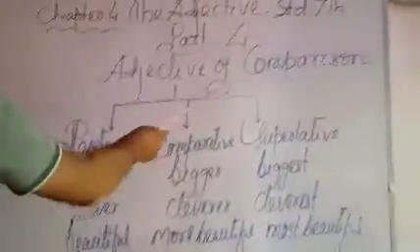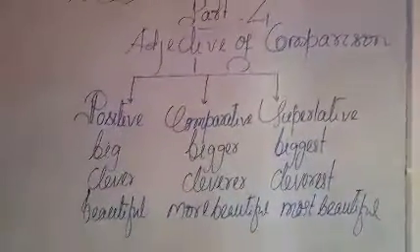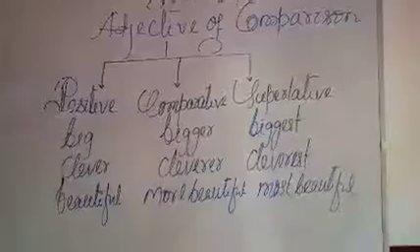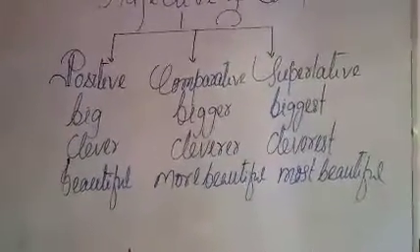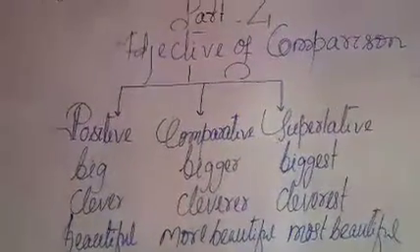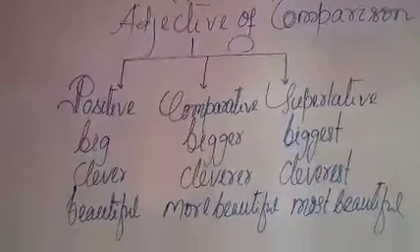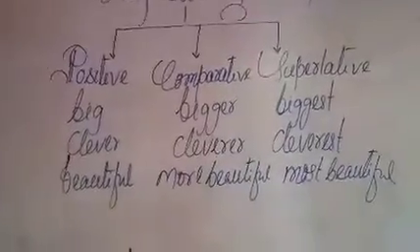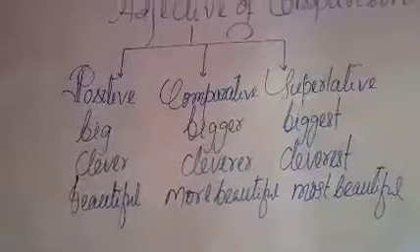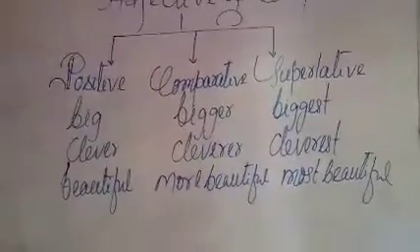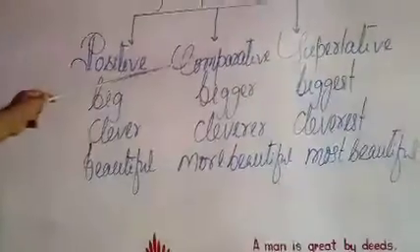This is the adjective of comparison chart. In this chart, you see adjective of comparison is divided into 3 parts. One is positive degree, comparative degree, superlative.